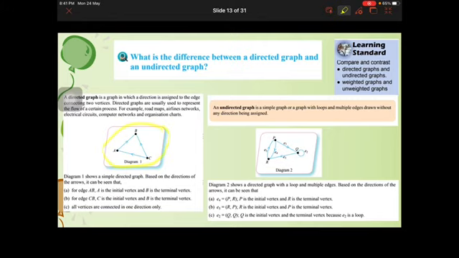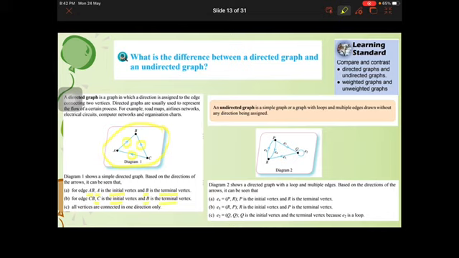So this is an example of a directed graph. You can see the arrows here; they show the direction from A to B, from C to B, from A to C. So for edge AB, A is the initial vertex, and B is the terminal vertex. It ends at B, so B is the terminal vertex. For edge CB, C is the initial and B is the terminal.